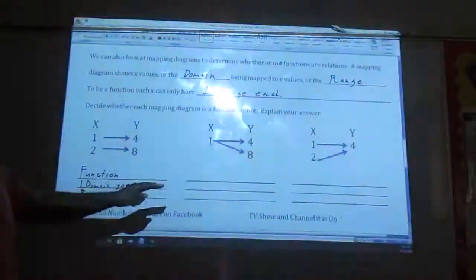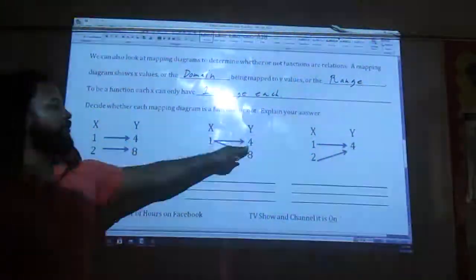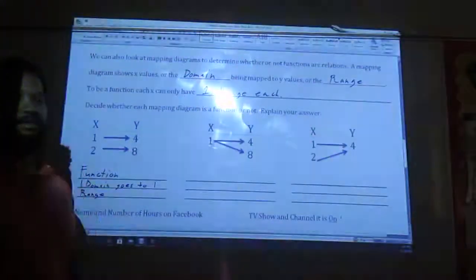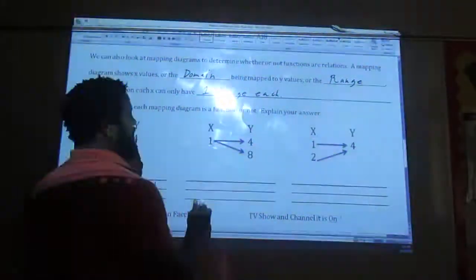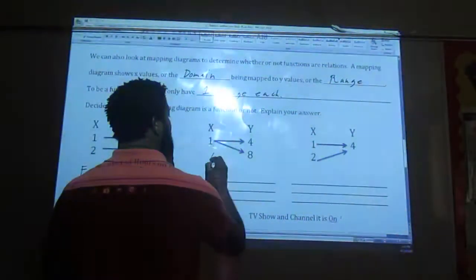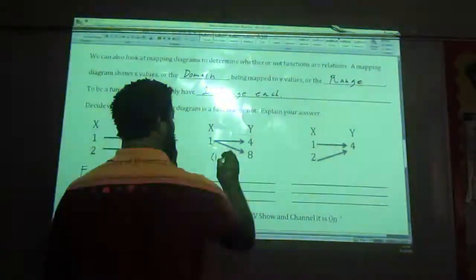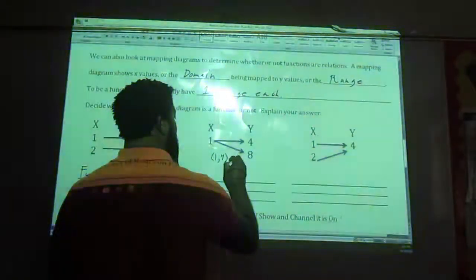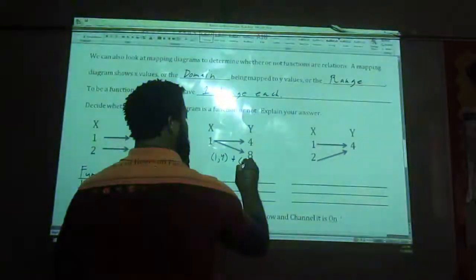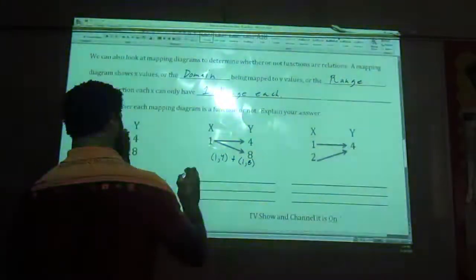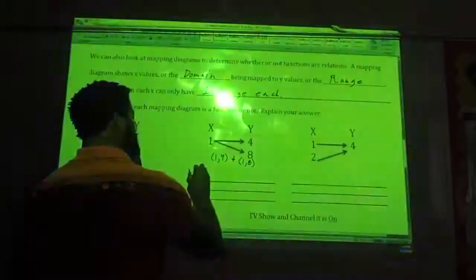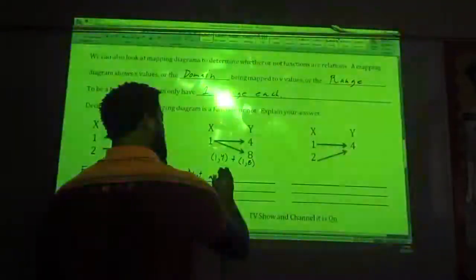Look at this one. 1 goes to 4 and 1 goes to 8. If we were to write this out as ordered pairs, it'll be (1, 4) and (1, 8). This is not a function.